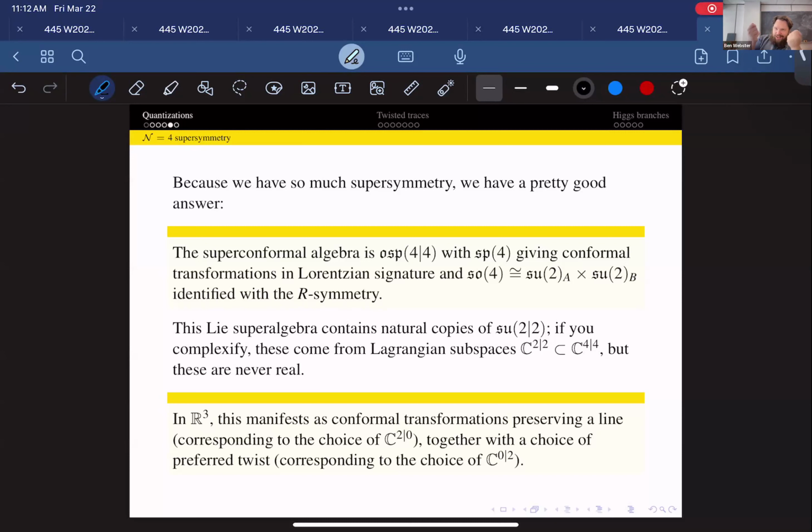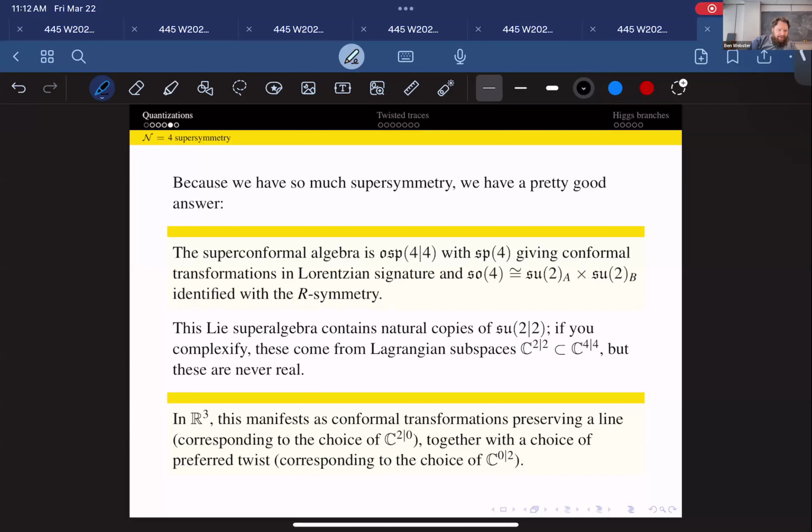I could complexify and not worry about signature anymore. And SO4, which is the product of two copies of SU2. So the SO4, that's the R symmetry. And somehow the fact that I have these two different topological twists comes from the fact that I have these two SU2s. There's an A SU2 and a B SU2, and those correspond to the two different twists.